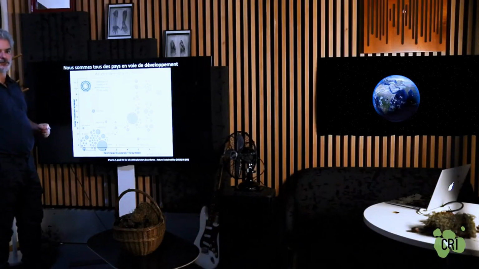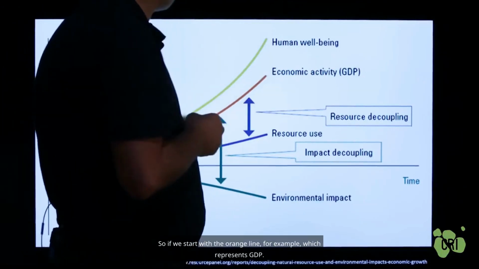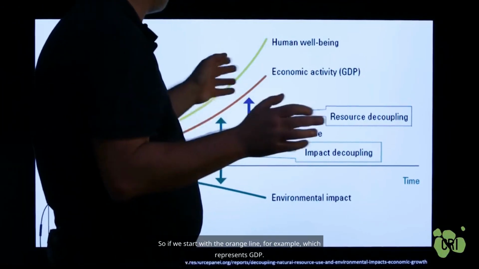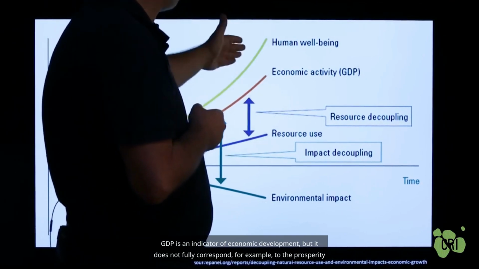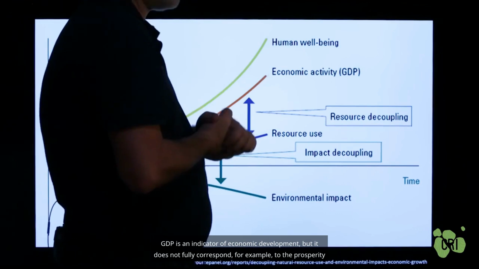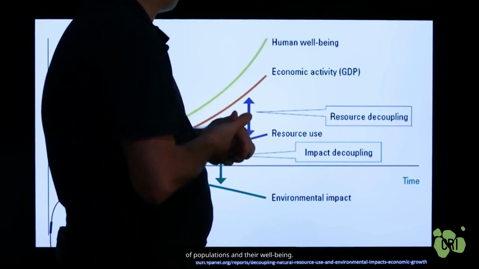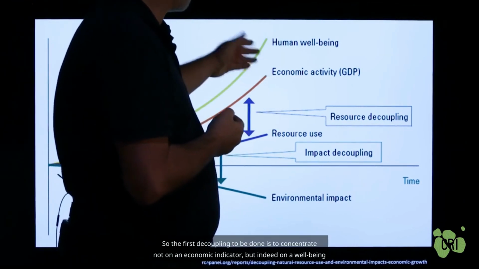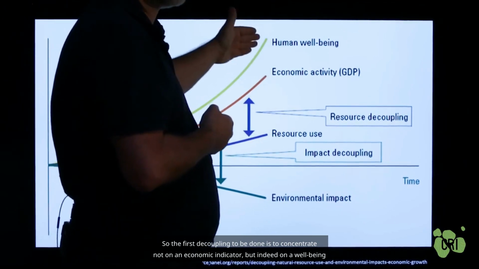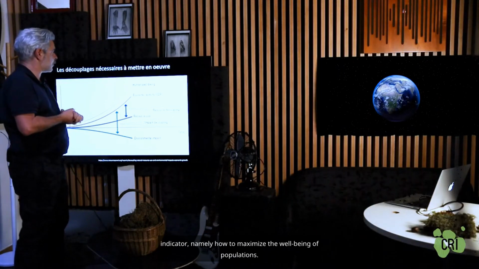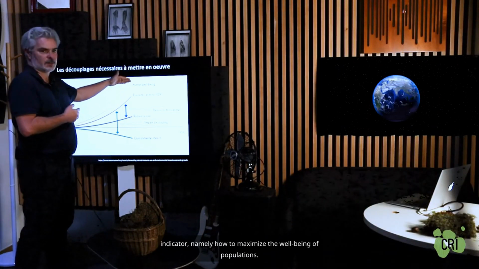So, if we start with the orange line, for example, which represents GDP, GDP is an indicator of economic development, but it does not fully correspond, for example, to the prosperity of populations and their well-being. So the first decoupling to be done is to concentrate not on an economic indicator, but indeed on a well-being indicator, namely how to maximize the well-being of populations.